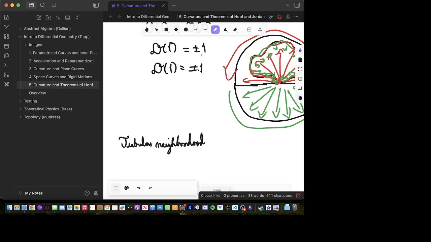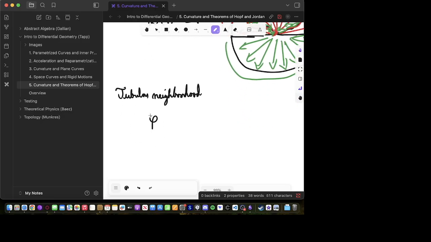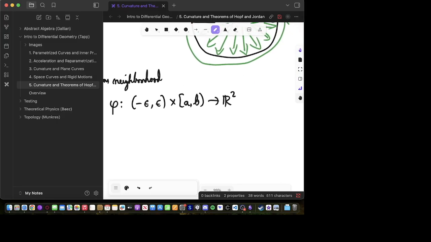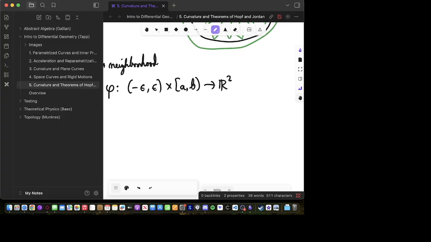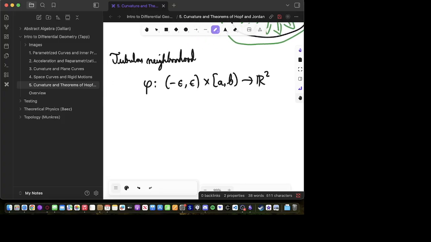And that is basically a mapping phi, which is from the Cartesian product of negative epsilon, epsilon and AB to R2 in this case. And the best way I can describe it is visually.